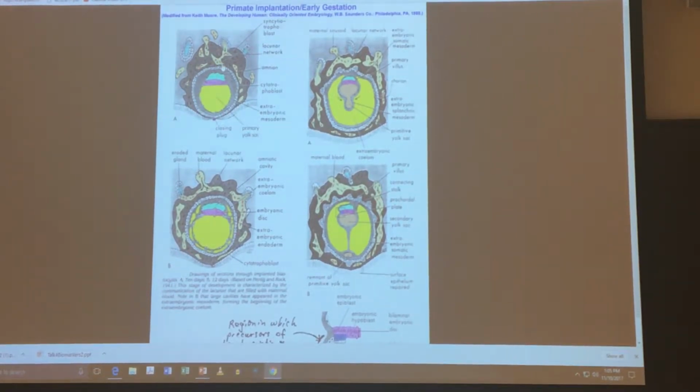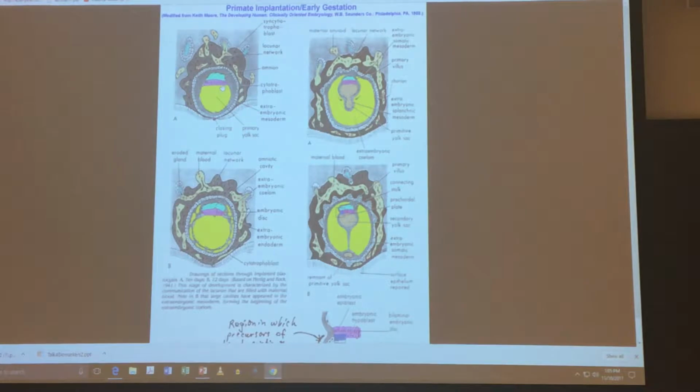There's intimate contact between the syncytial trophoblastic cells and these maternal blood vessels, which sometimes break down and form what are called lacunae. And that's going to be a source of nutrient supply, waste removal for these early stages of embryonic development.